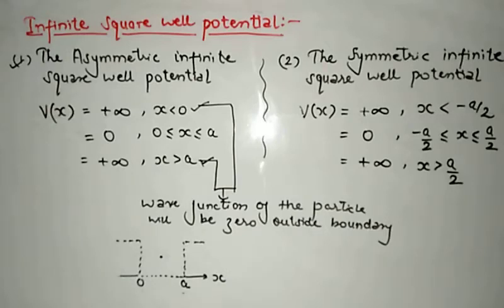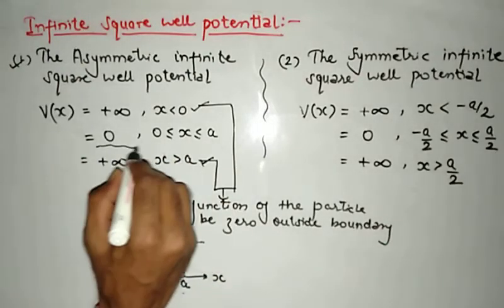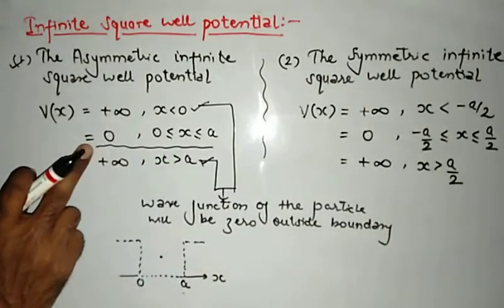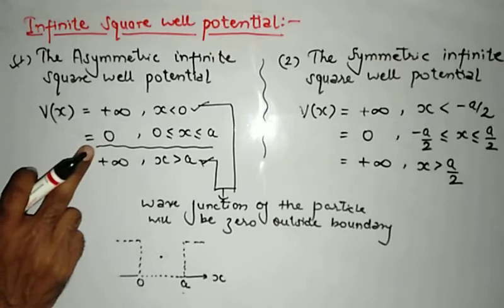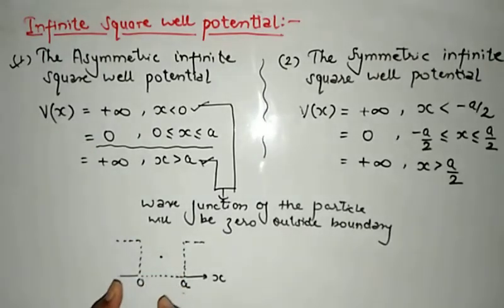Now, we will use the Schrodinger equation for this region. Classically, the particle will reflect at these two classical turning points, and obviously here V is 0.